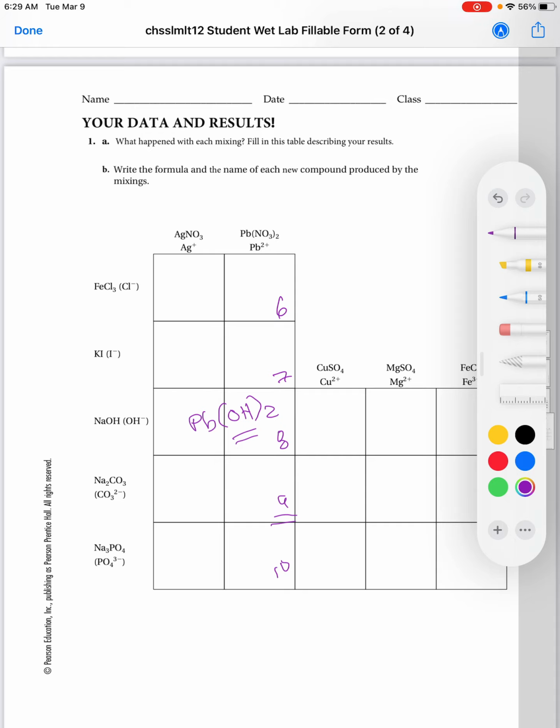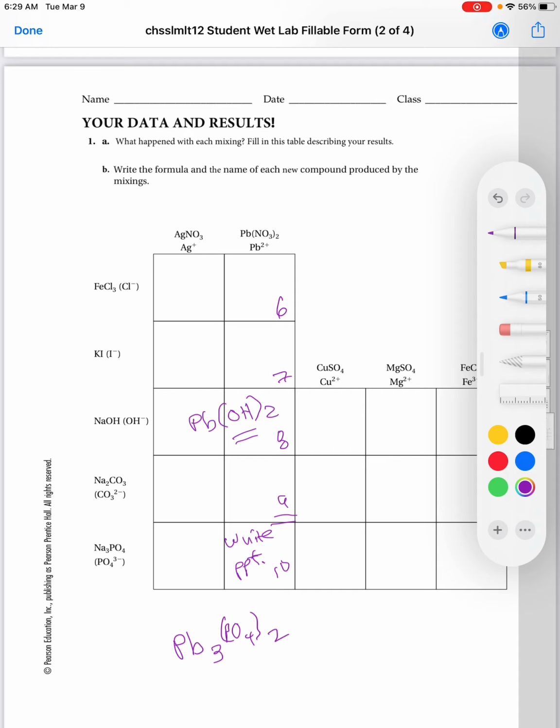In number 10, again, we have a white precipitate. You would write white precipitate; it takes too long to write out precipitate. And that is lead phosphate, which you would write Pb3 because it's +2, and phosphate PO4 is -3, so you would need 2 of those.